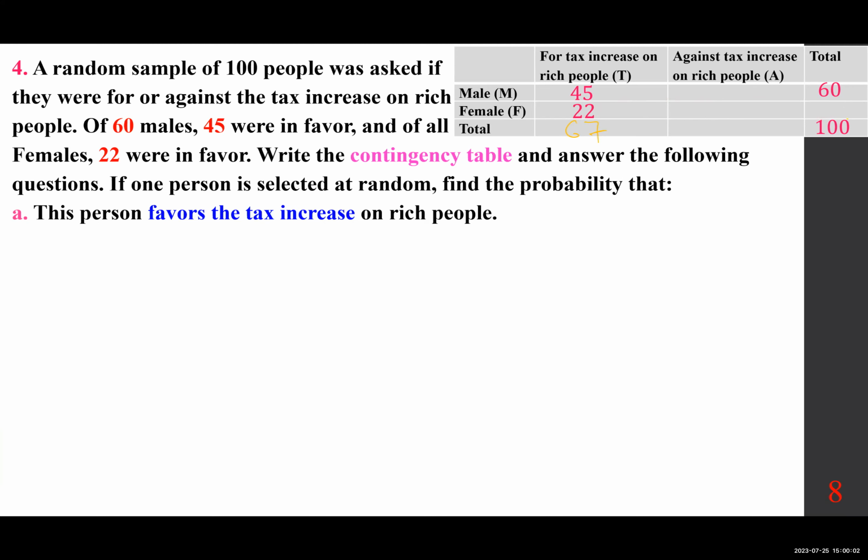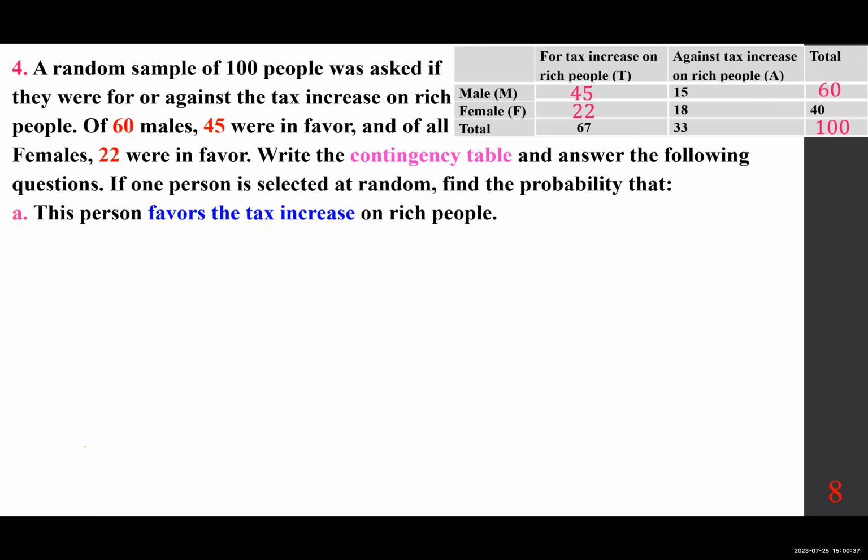Then I need 40 here, right? Then 67 plus what number? We need 33 here. Then 45 plus what number is 60? 15. And now 22 plus what? 18. So I hope you see it's very easy to fill up the rest, and we put everything else in there. Now we are ready to move on.